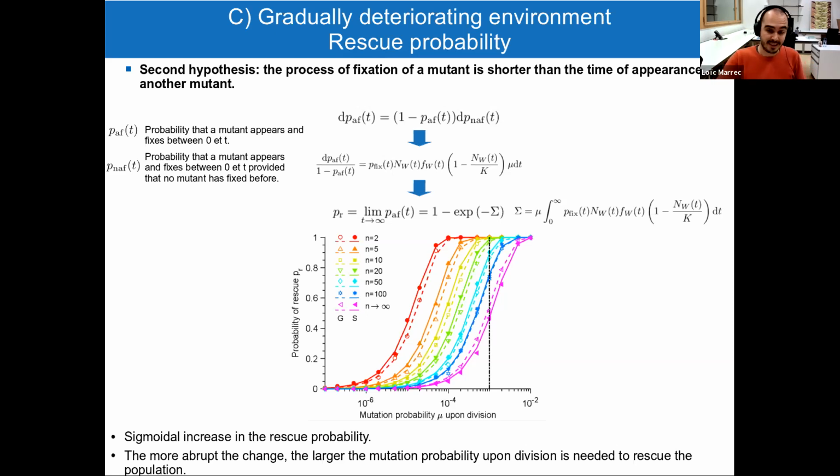But you can also see that there is a sigmoidal increase in the rescue probability, like this. And also, the more abrupt the change, the larger the mutation probability upon division is needed to rescue the population. Okay.